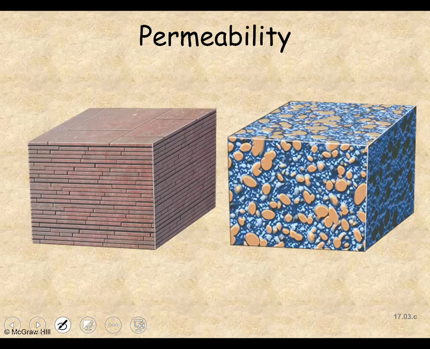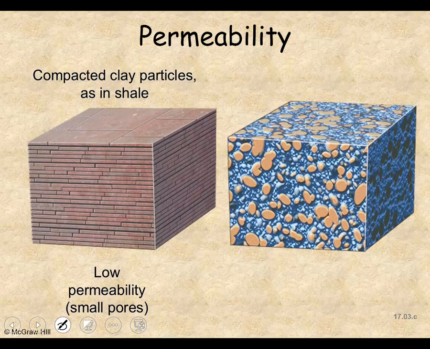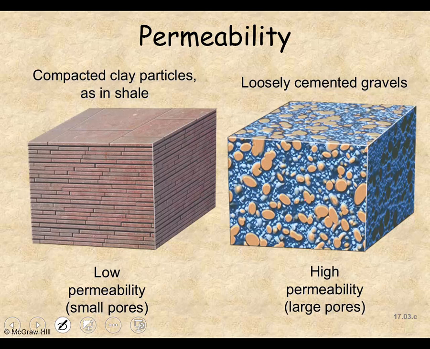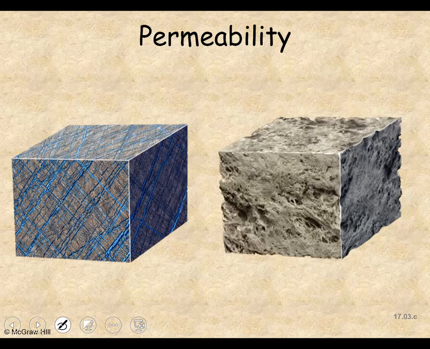Permeability, again, I'm going to use that term in a general sense as opposed to water. Here we have clays that are compacted, low permeability, small pores. Here we have loosely cemented gravels, high permeability, large pores. So you have both large pores and permeability.